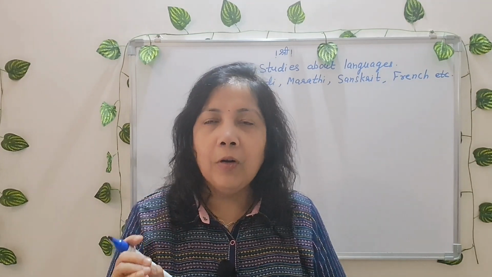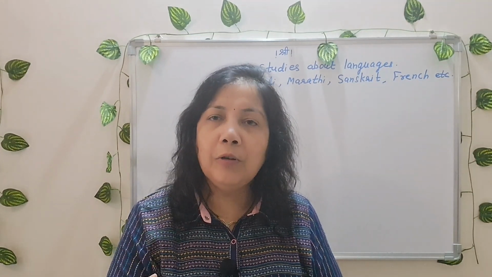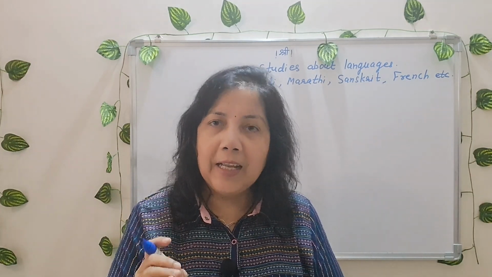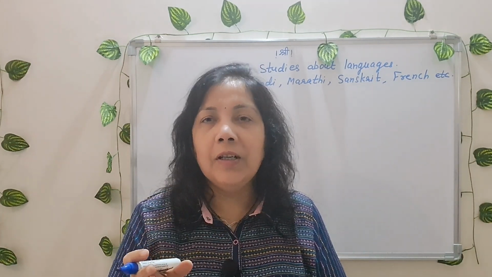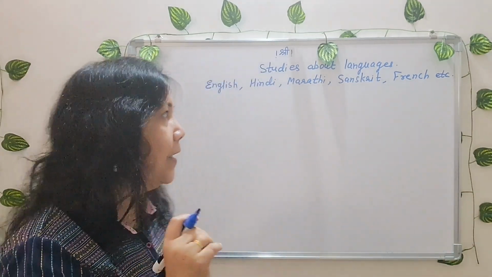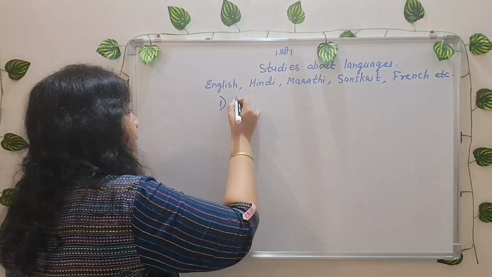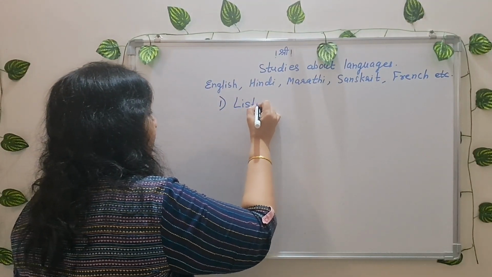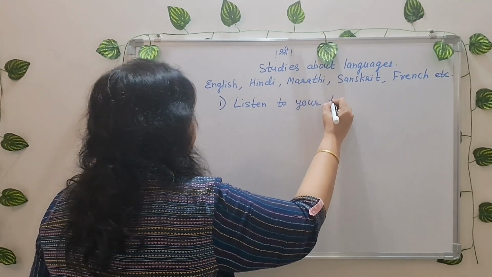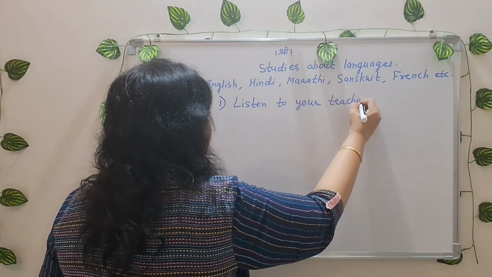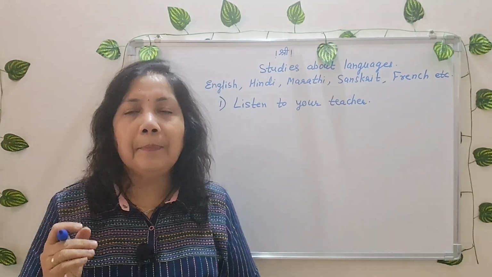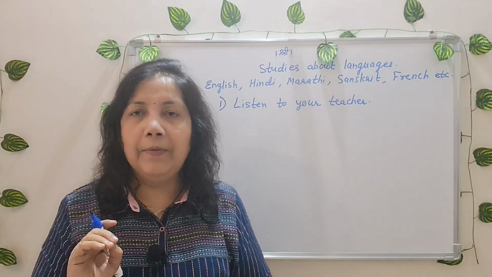The first and foremost thing is that in school or in college, when the teacher is teaching you that language lesson, you have to listen to her carefully and totally. So the first step to study is listen to your teacher. Understand that lesson completely in school or college itself.